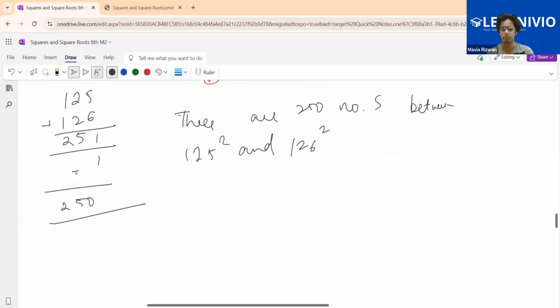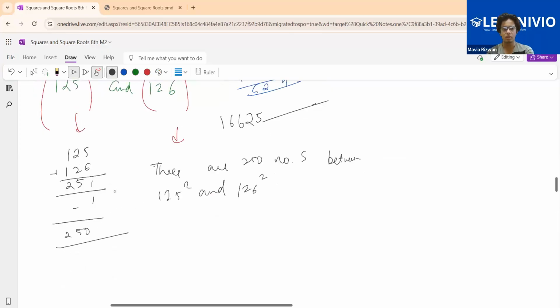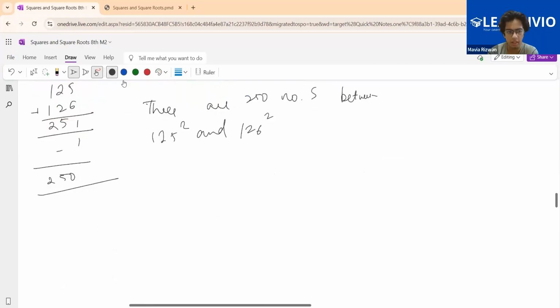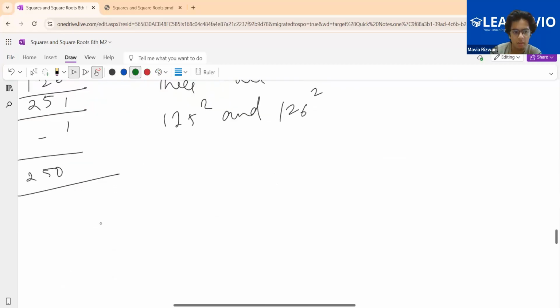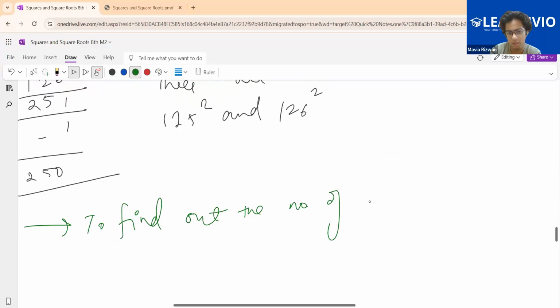Yes, sir. Okay, so I'll also write the trick to find out the number of numbers between two consecutive square numbers.